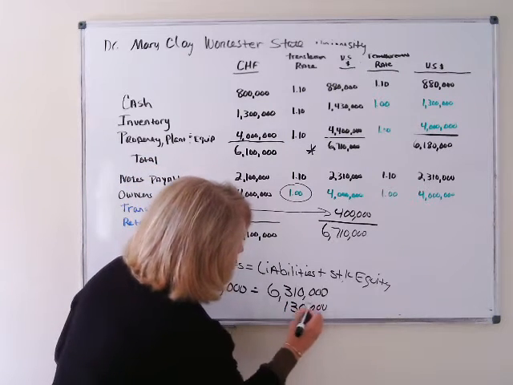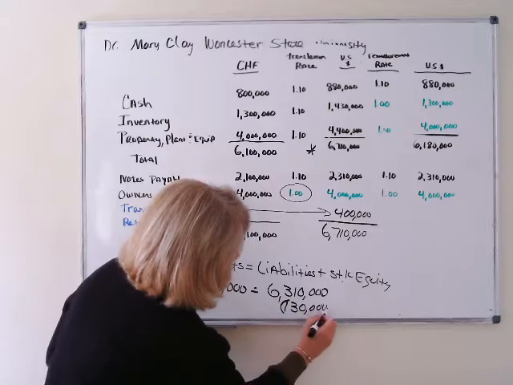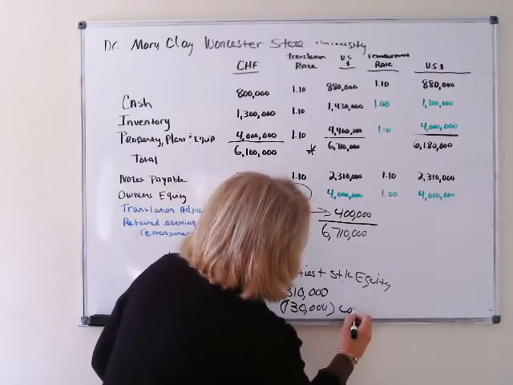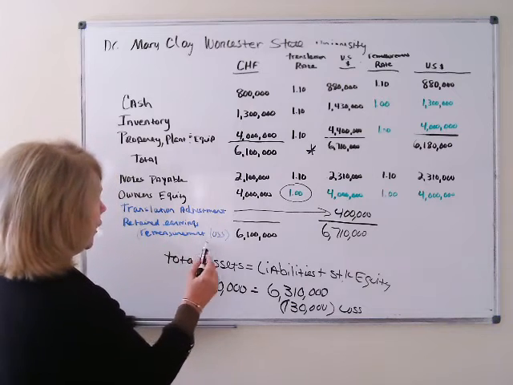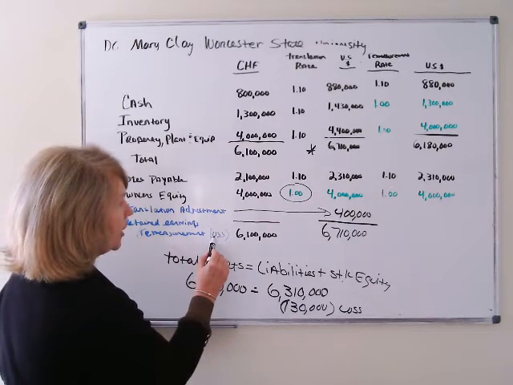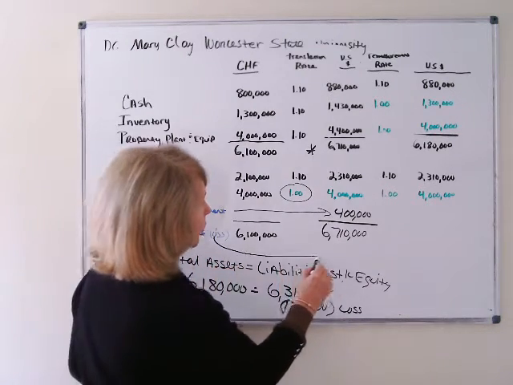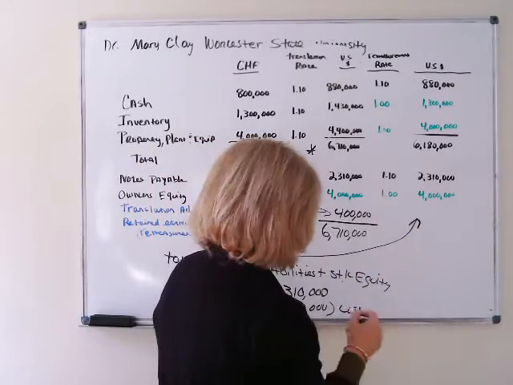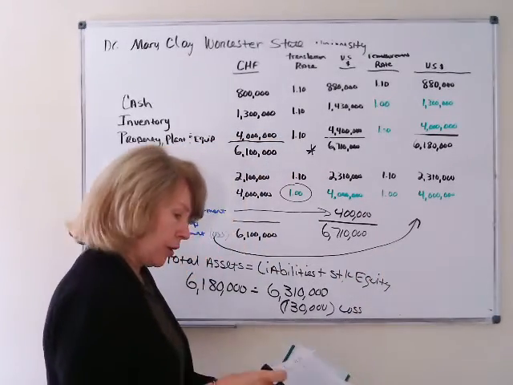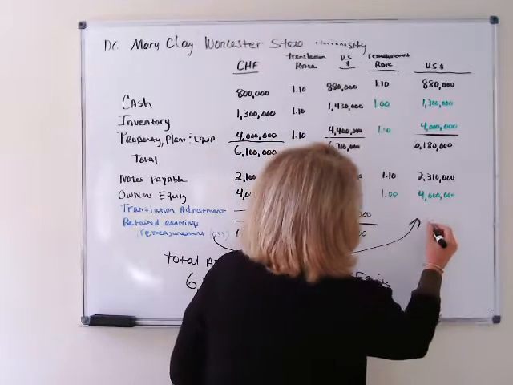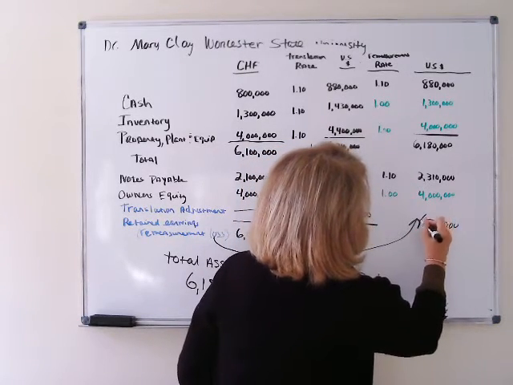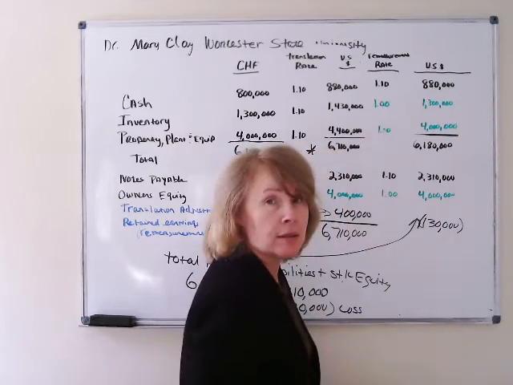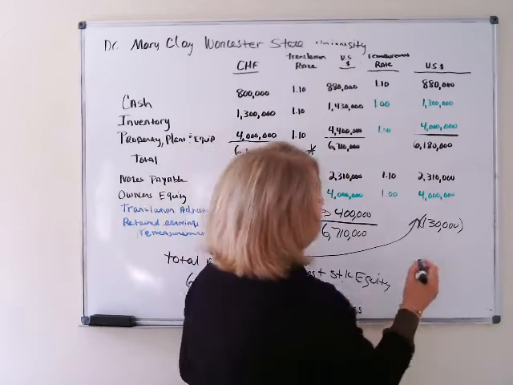What do I have to do to this number? I have to subtract. So this is a loss. All right, so I go over here, retained earnings. I have the remeasurement loss. I'm going to put this right here. All right, that's where I put the 130,000. Make sure you put that in parentheses or the Connect will mark you wrong.